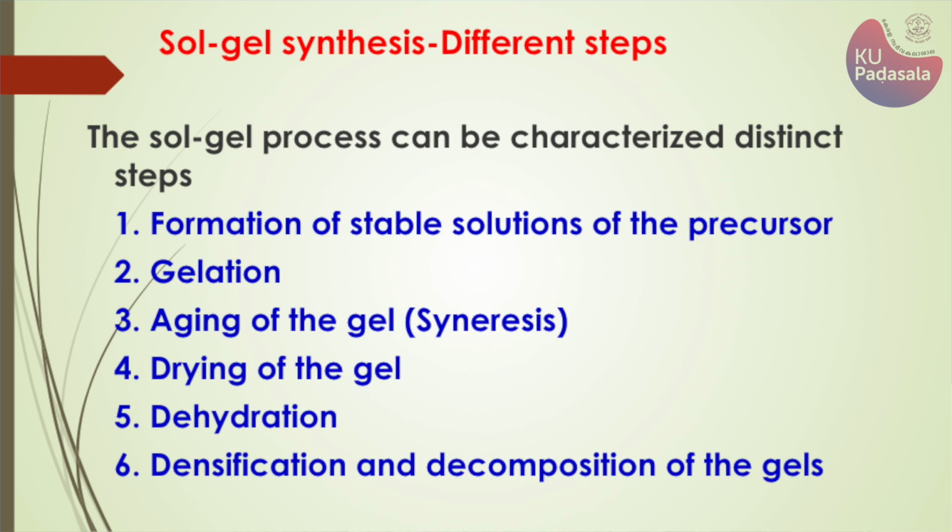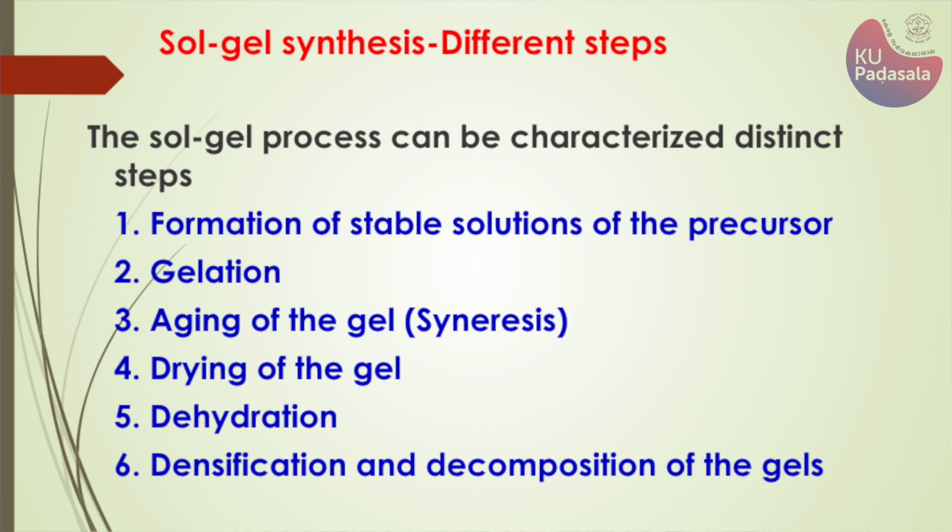These are the different steps in the sol-gel synthesis. Sol-gel synthesis is characterized by the first step, that is formation of a stable solution of the precursor. The second step is the gelation step, that is formation of gel. The third step is aging of the gel, otherwise known as syneresis.